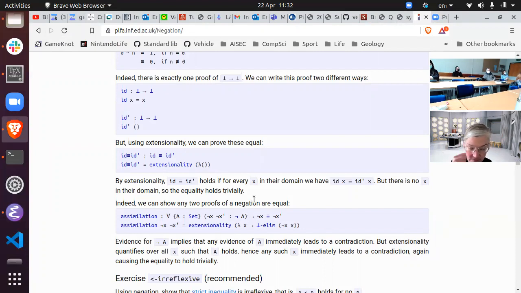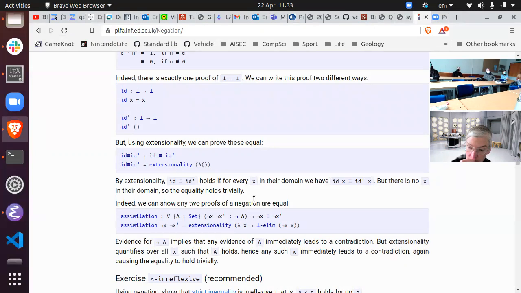Okay, maybe. So there's a proposal. Is it a proposal or has it been implemented? I can't remember. So there's a proposal to make the bottom type irrelevant, runtime irrelevant, or compile time irrelevant, one of the two.